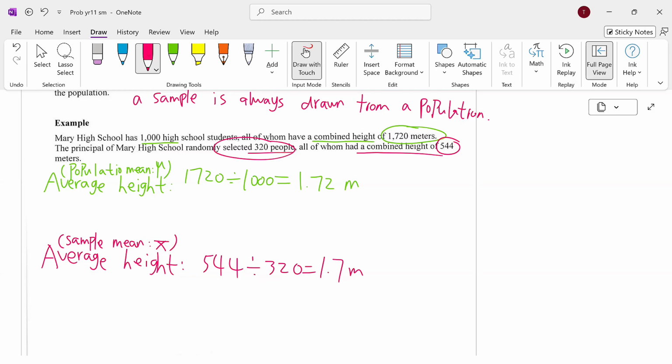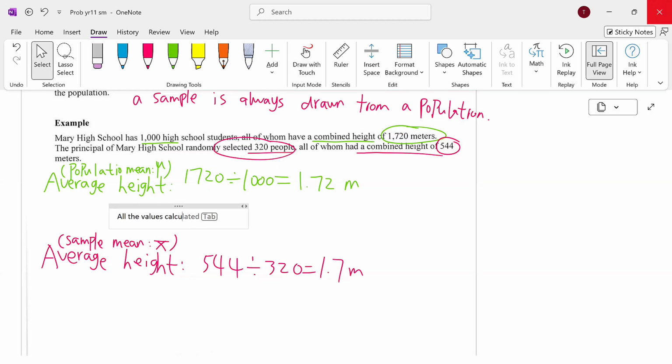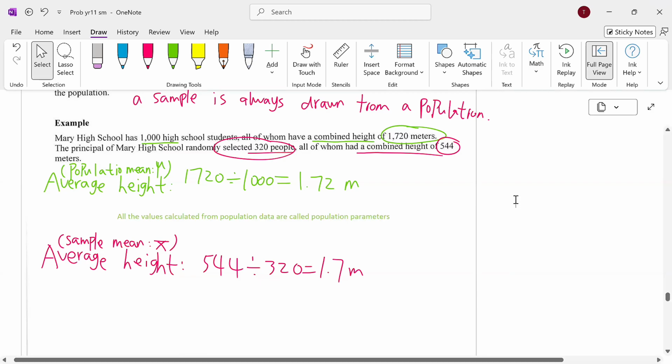Look, I give notation now. All the values calculated from the population data are called population parameters. For example, the population mean.